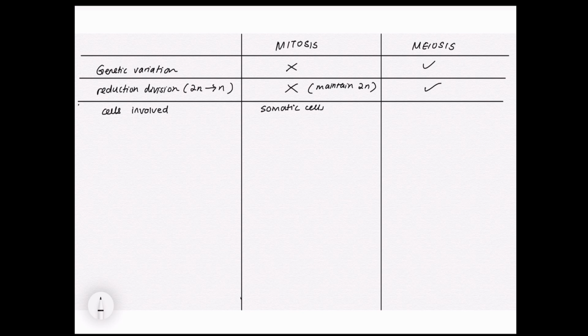But actually during the process of gamete formation, we do have mitosis, so that you can have millions of gametes formed, but we will focus on the somatic cells. And meiosis is only found in your gonad, which is your sex organ, during the production of gametes.